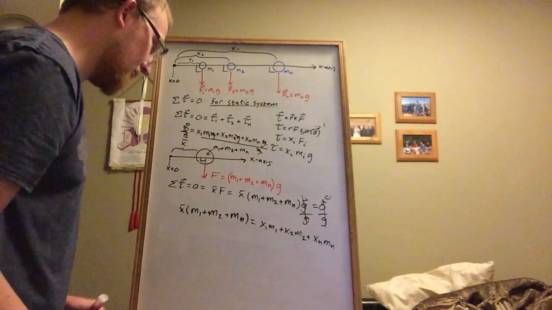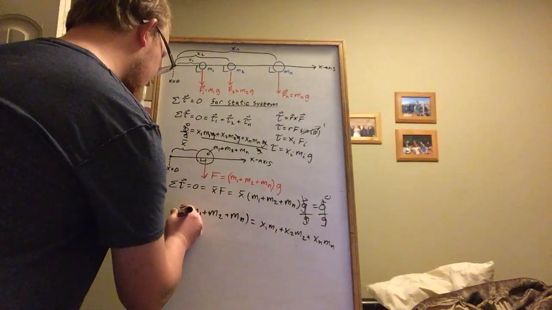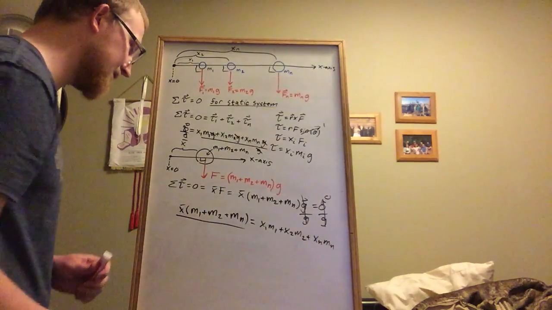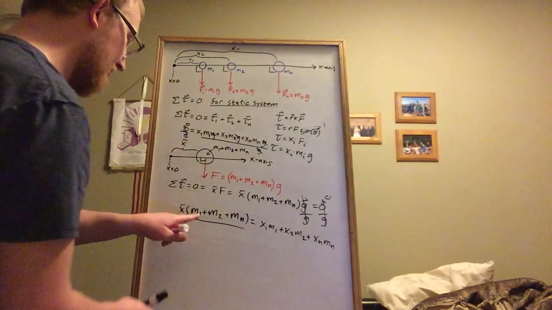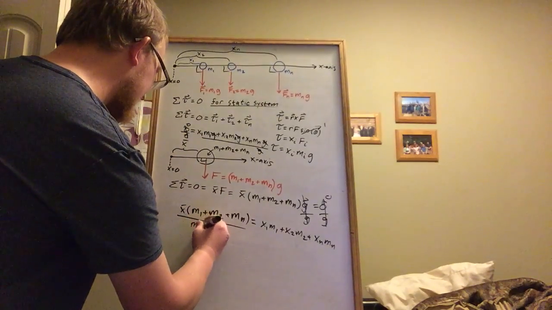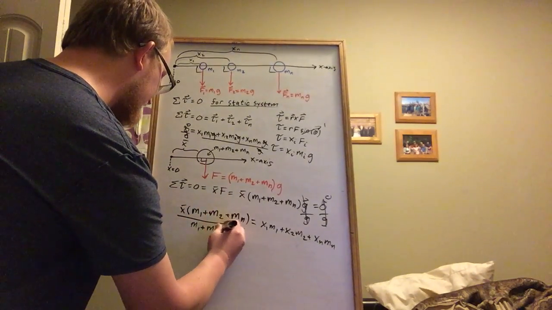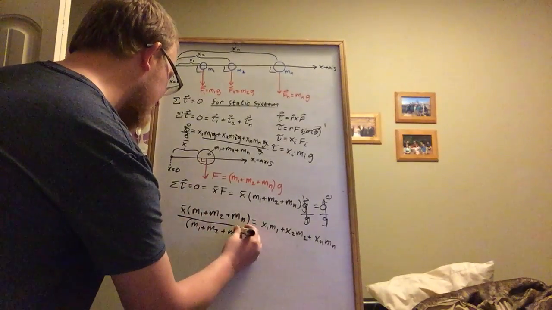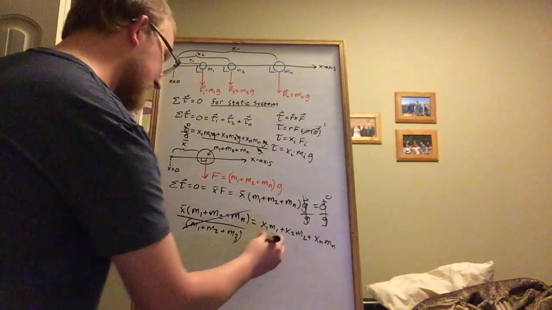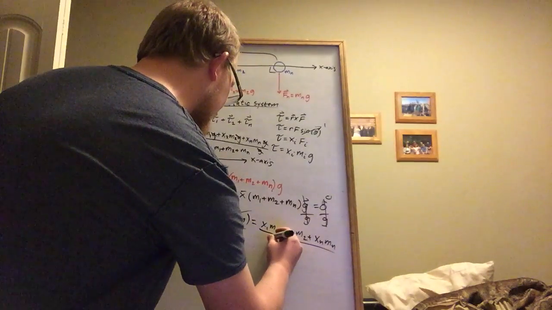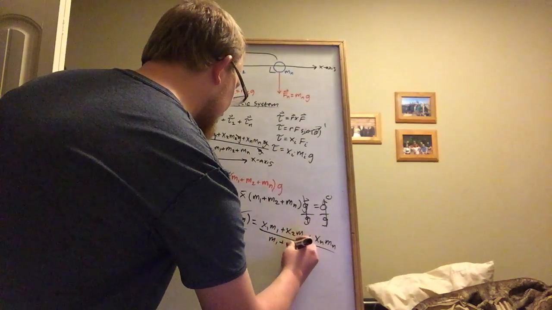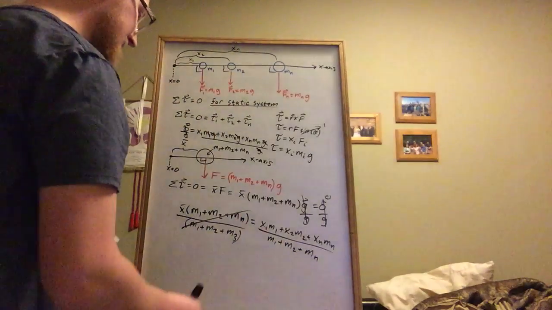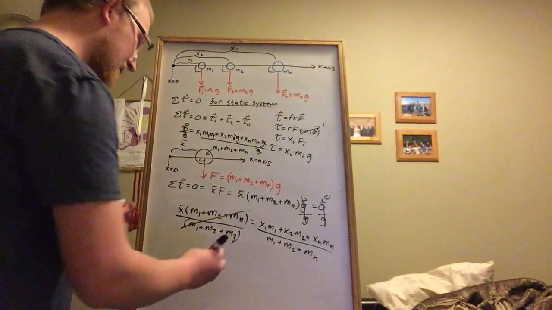Alright, so here's our equation, and we are going to divide and get x bar all on its own, because that's what we're trying to solve for, the center of mass. And so you can see here, if I divide both sides by the sum of masses on the left-hand side, that'll cancel. Alright, so now we've solved for x bar.